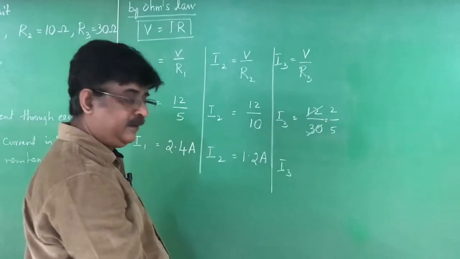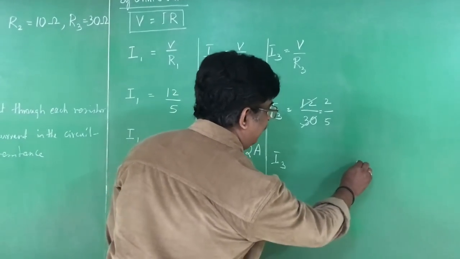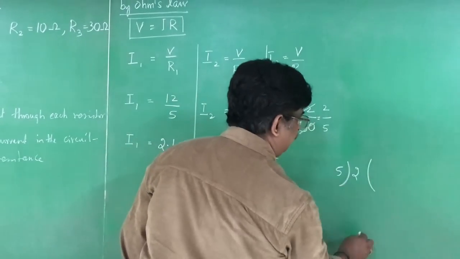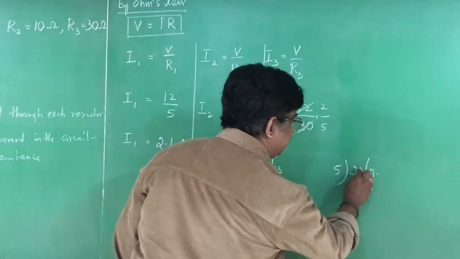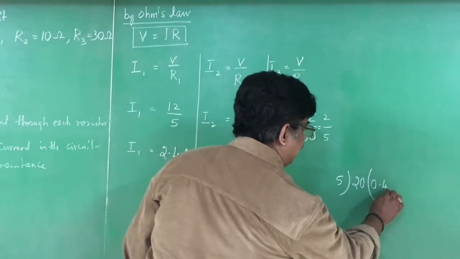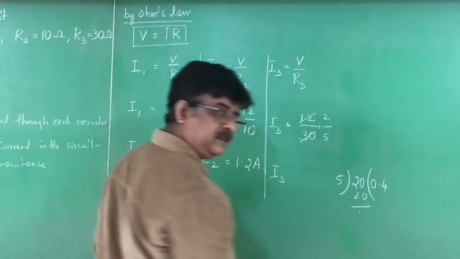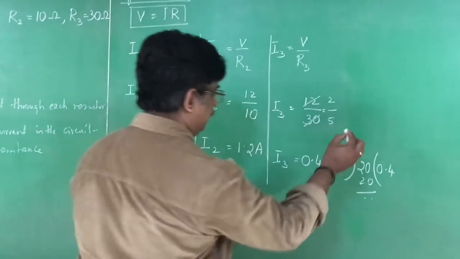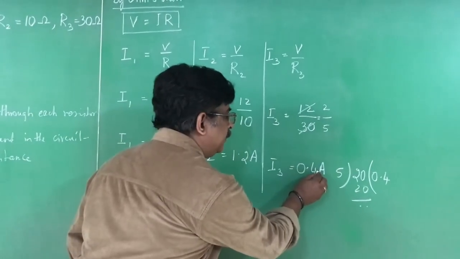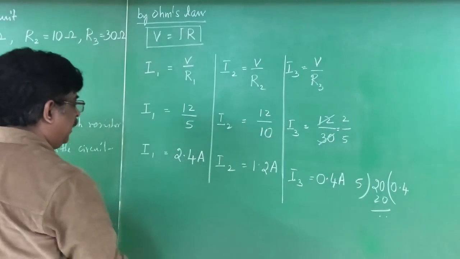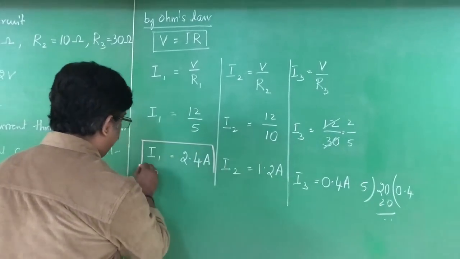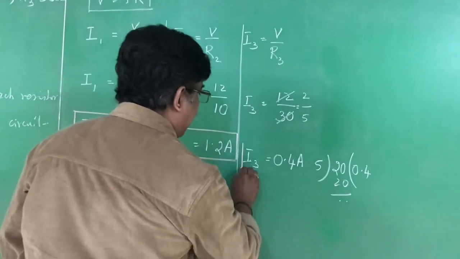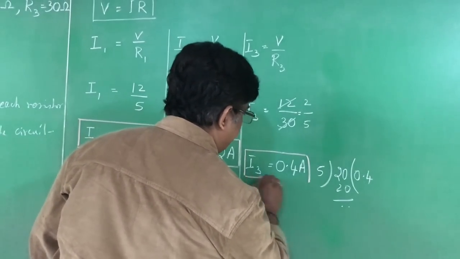You have to divide 2 by 5. 2 is a smaller number, therefore I put 0 point. This becomes 20, 5 4s are 20. Remainder is 0. Therefore, this becomes 0.4 ampere. See, I got I1 as 2.4, I2 as 1.2, I3 as 0.4 A.